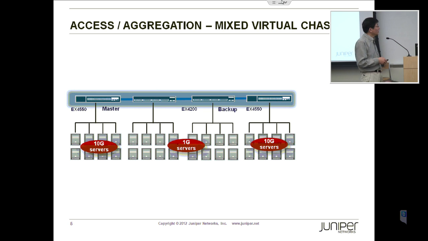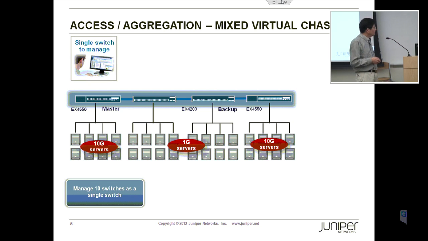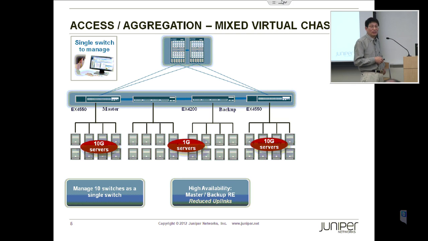We also brought the virtual chassis technology to access or some aggregation layer applications with the 4500 and 4550. Those are 10 gig switches. The 10 gig switch and the 1 gig switch can form a single virtual chassis, which appears as a single switch also. It again is managed as a single switch, and there are master and backup REs.